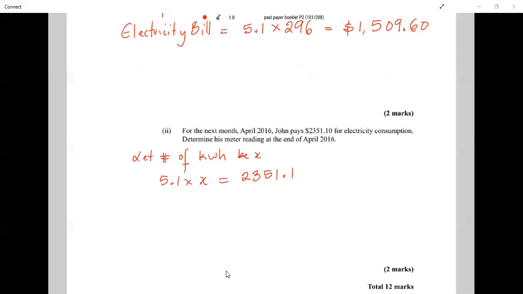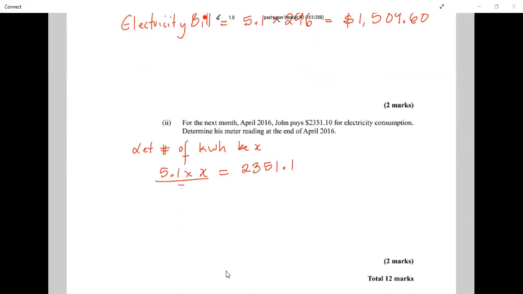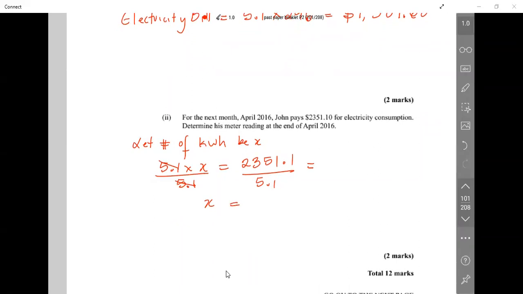If I divide both sides by $5.10, I'm going to get X, which is the number of kilowatt hours he consumed. X is equal to $2,351.10 divided by 5.1. So this says that he consumed 461 kilowatt hours.